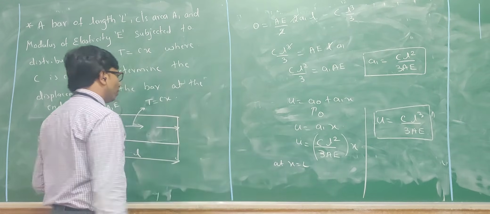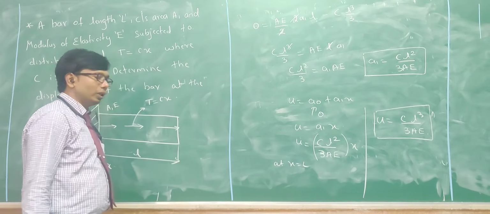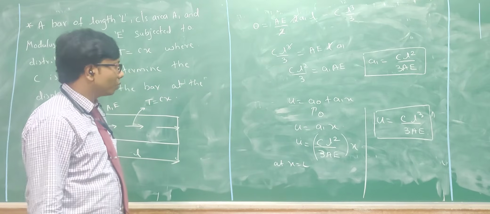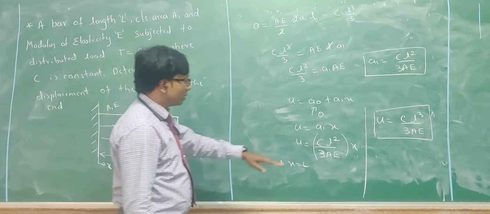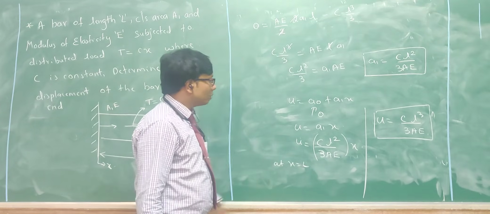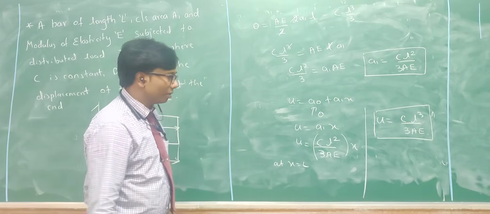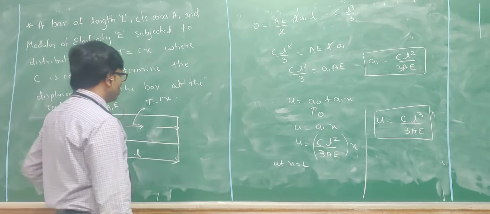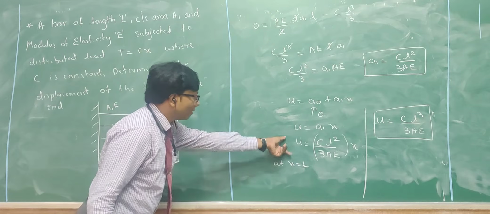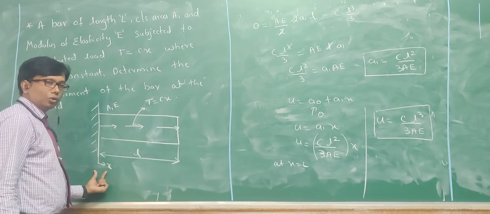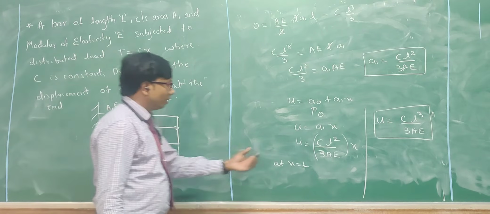Whatever the boundary conditions are there, we can verify whether the displacement function we have taken is right or wrong by seeing the displacement equation. We need to fulfill all the boundary conditions, that is the displacement boundary conditions. So first, if I apply the first boundary condition at x is equal to 0, what will be the displacement?